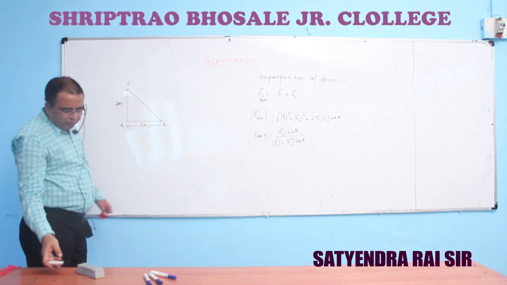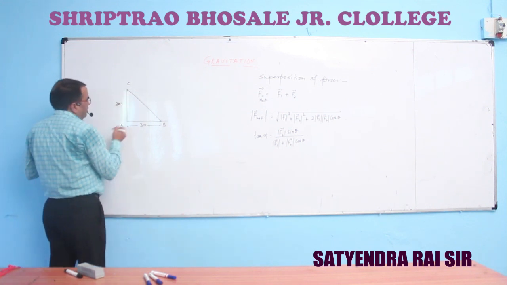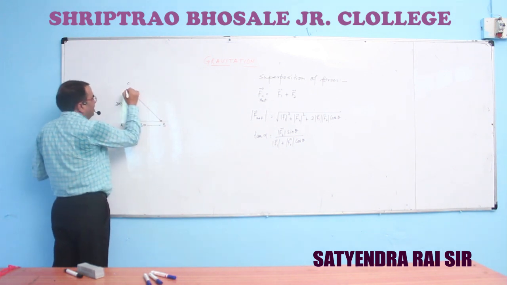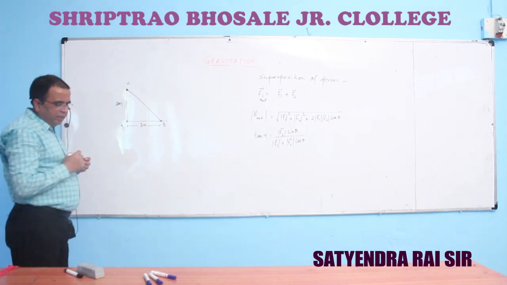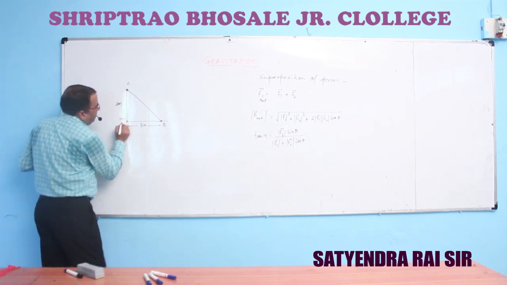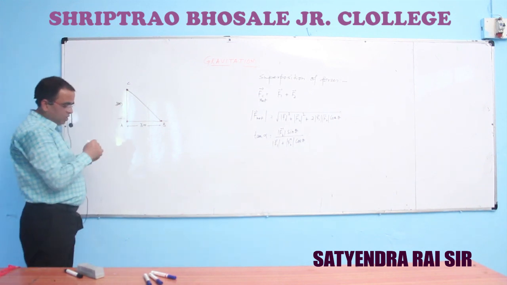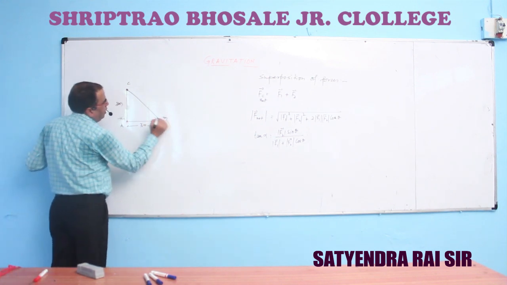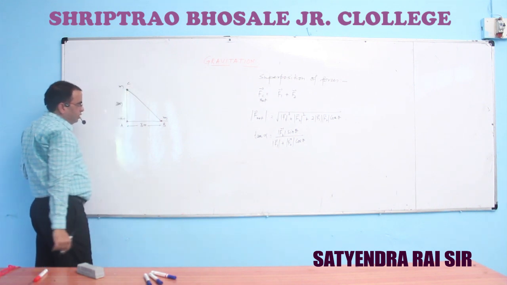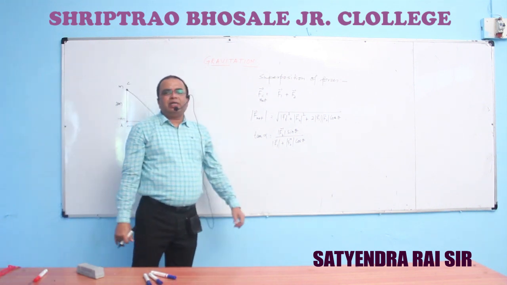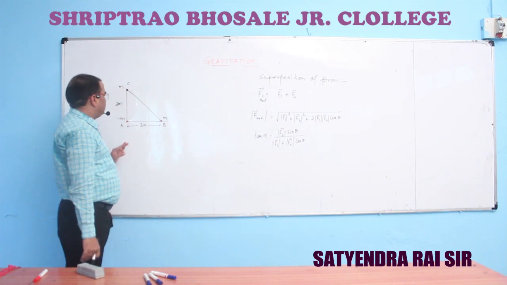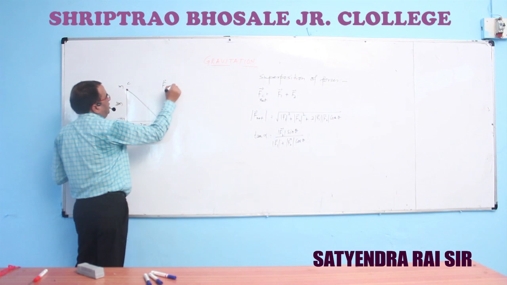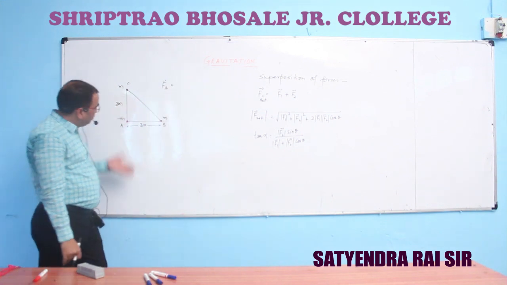It is given that particles of equal masses are placed. Let us take it easier for the beginners. Let us say this mass is M, and the second one is also M. They may ask you for the force experienced by the particle at A. That will be easier now.